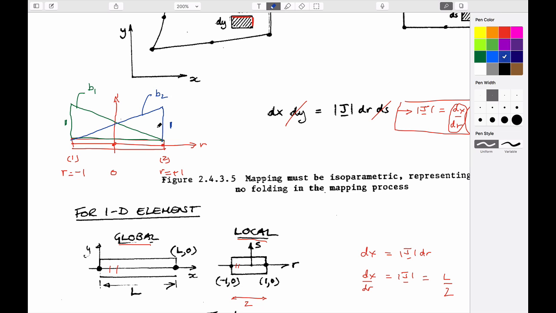And so if you look at the equations of these, so B1 was equal to what? It was equal to a half 1 minus r. Is that right?